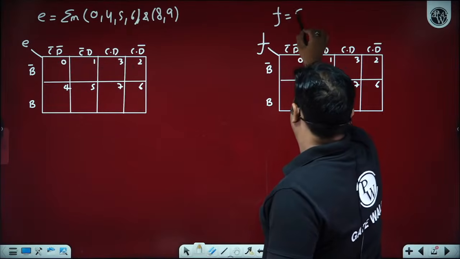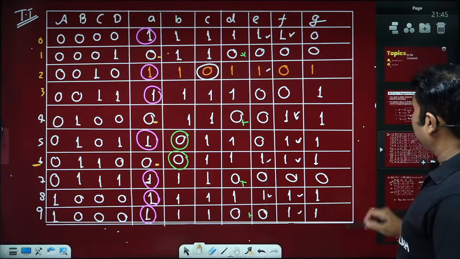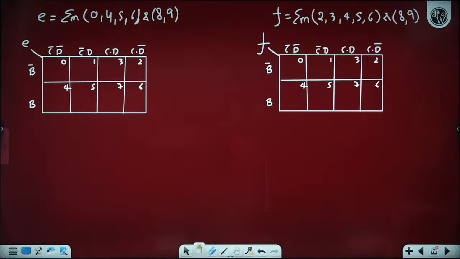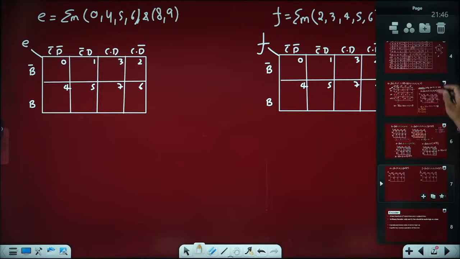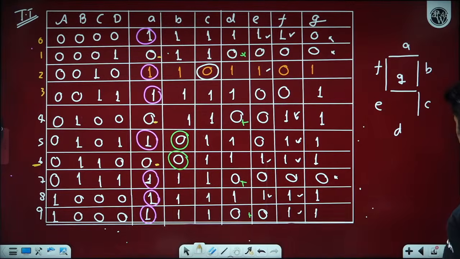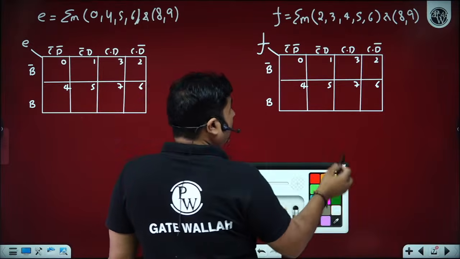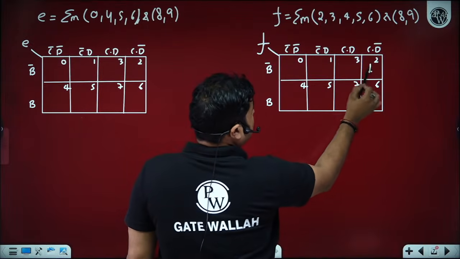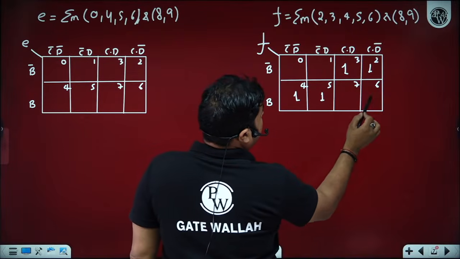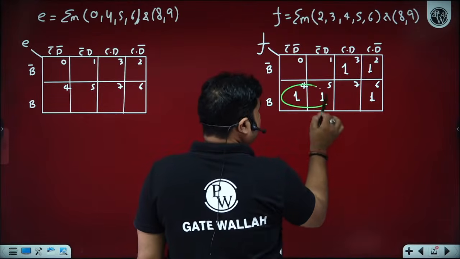Same for F, we can find the minimized logical expression for F as well. So we are getting high on the binary of 2, 3, except 0, 1, 7. All are high for F. So as per the desired function, now we have the logical expression of each component.